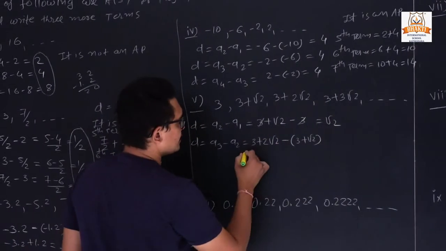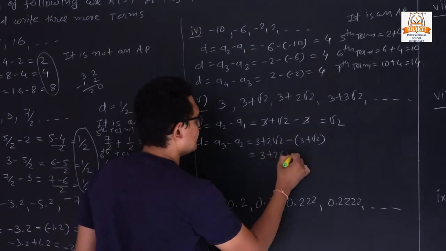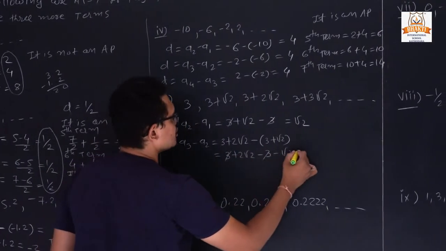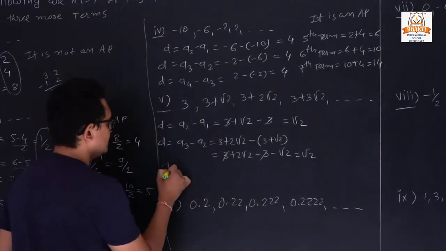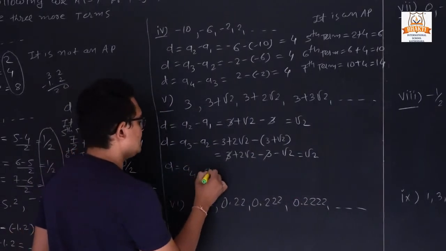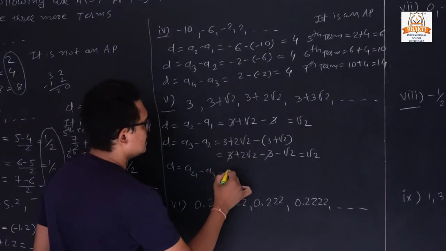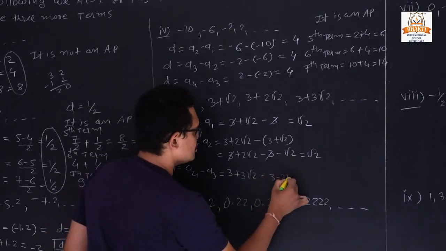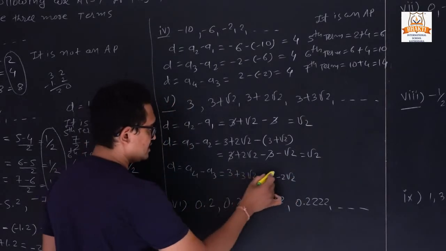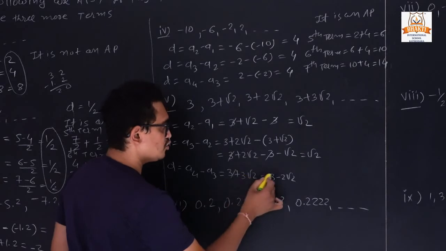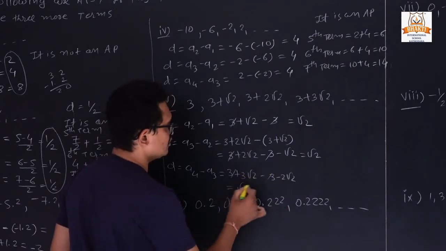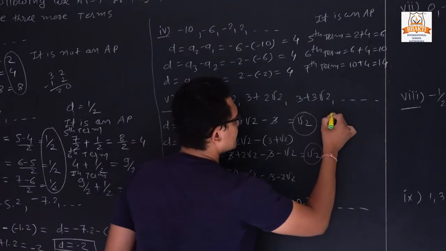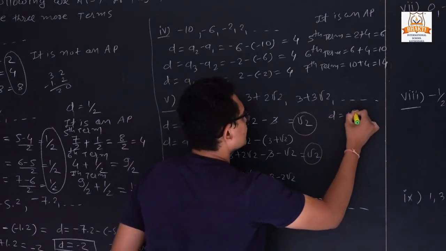So both terms become minus. 3 cut, 2 root 2 minus root 2, once again root 2. Now the last, 4th minus 3rd: 3 plus 3 root 2 minus 3 minus 2 root 2, because both signs become minus. 3 cut, 3 root 2 minus 2 root 2, so once again root 2. So each time we get the same difference, D is equal to root 2.